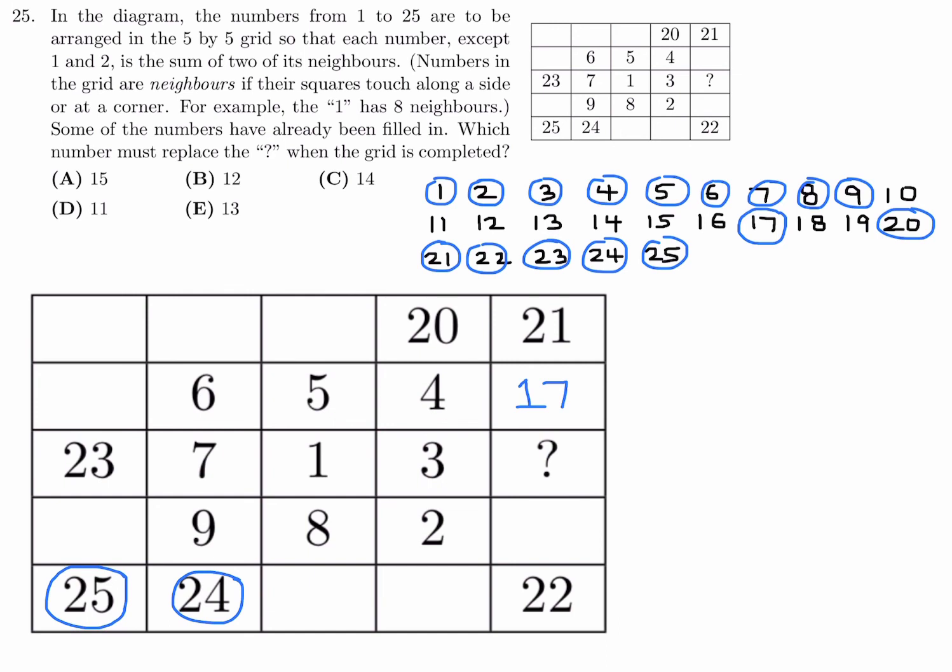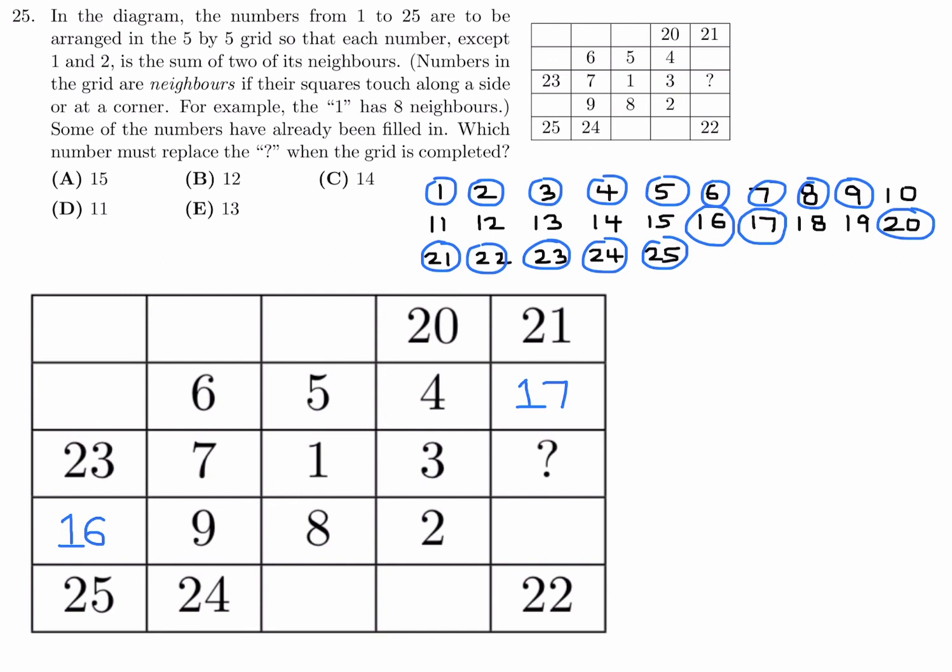So to get 25, I've got to use 9. 9 plus this number has to give me 25, and therefore that number has to be 16. It's the only way. So there you go. All right, so far so good. I hope you're following. No problem, right?